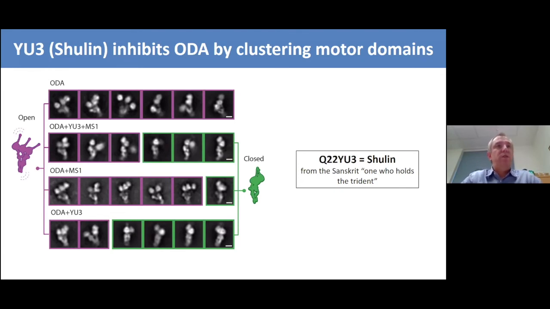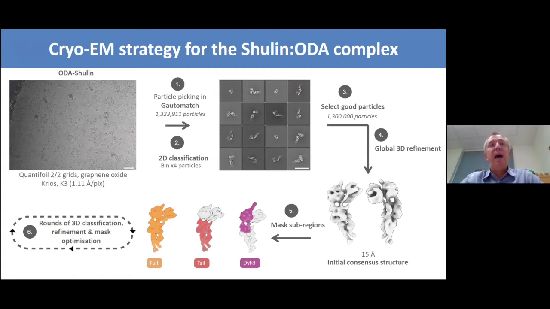So what we wanted to do now is try and use cryo-EM to see if we could get a higher resolution view of how this protein is working to cluster these motor domains at a molecular level. And just to take you through the rough strategy, there's a lot of images on this slide, but we have these images of the ODA Shulin complex in ice.